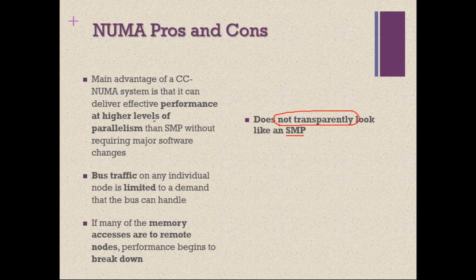But in NUMA, things do not happen explicitly. There are certain things which happen transparently. Transparently means it is hidden. In that context, the processor does not know what is happening. So that is the advantage and also the disadvantage, because the processor does not bother. In that sense it is an advantage, but not every detail is known. In that sense it is a disadvantage.